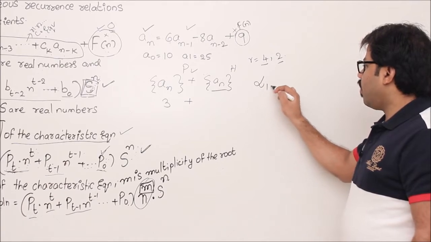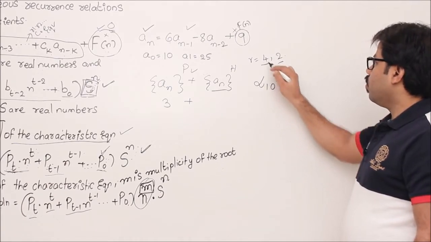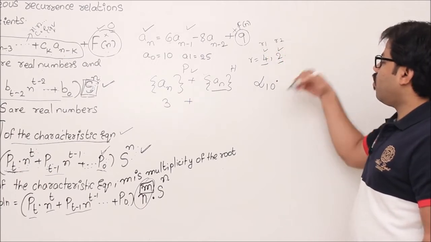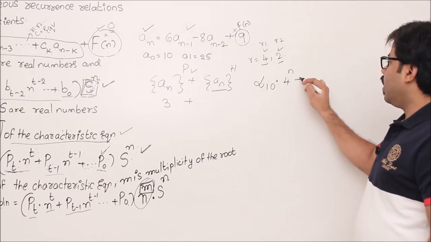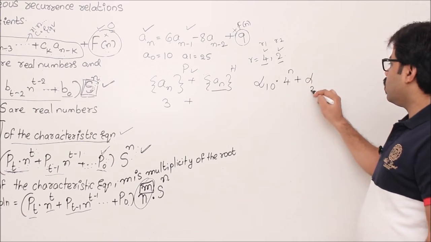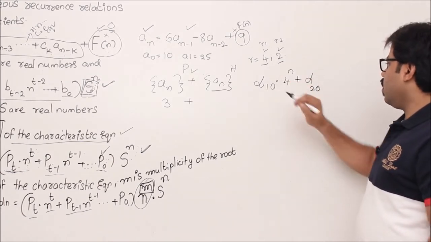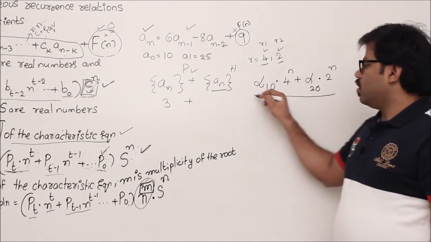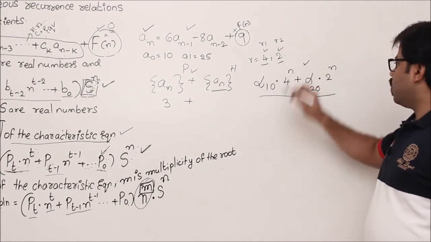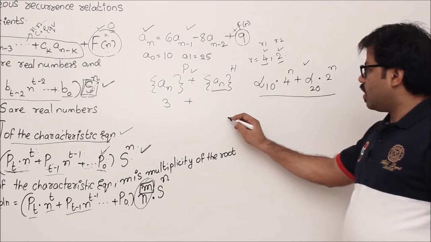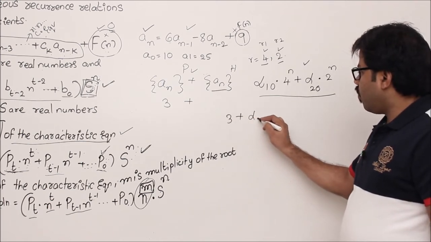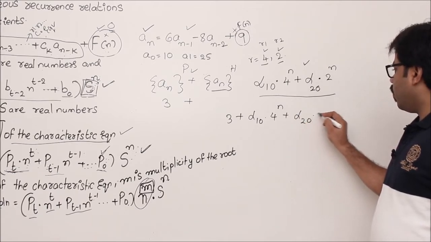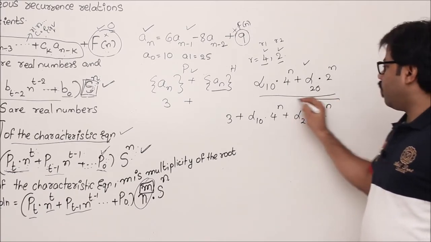It will be alpha 1 0 into the first root, let's say 4, this is the second root, r1 r2, r1 power n, 4 power n, plus alpha 2 0, this is the constant for the second root, into 2 power n. Okay, so this is the homogeneous solution. Now the final answer is 3 plus alpha 1 0 into 4 power n plus alpha 2 0 into 2 power n. Okay, so this is the final answer.